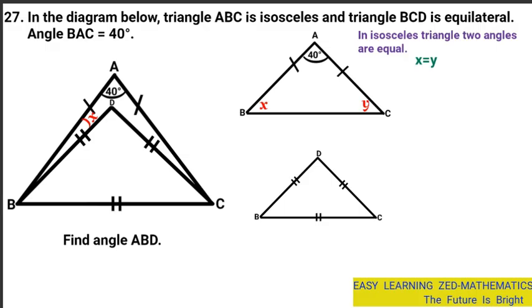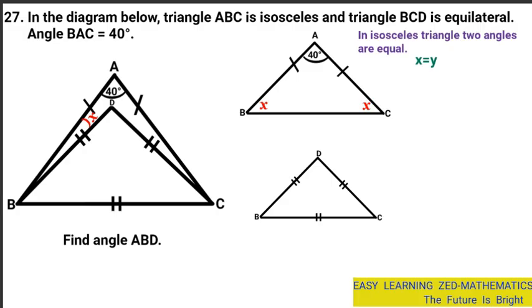Therefore, we can call both of them X. Angle ABC is given the name X, and angle BCA, or ACB, is also called X, because they are equal. I've given them one name so that it is easier for us to come up with an expression we can use to find their value. Since they have got the same name, now we can go ahead and solve.